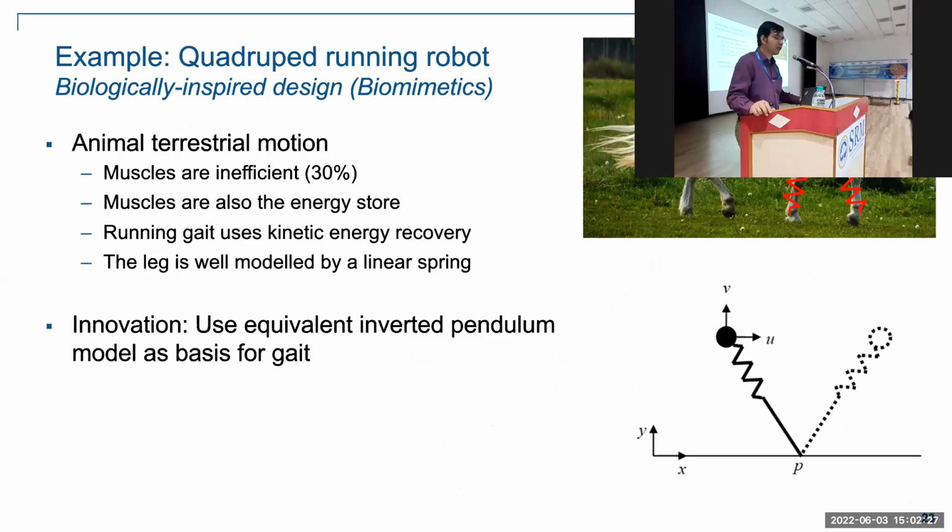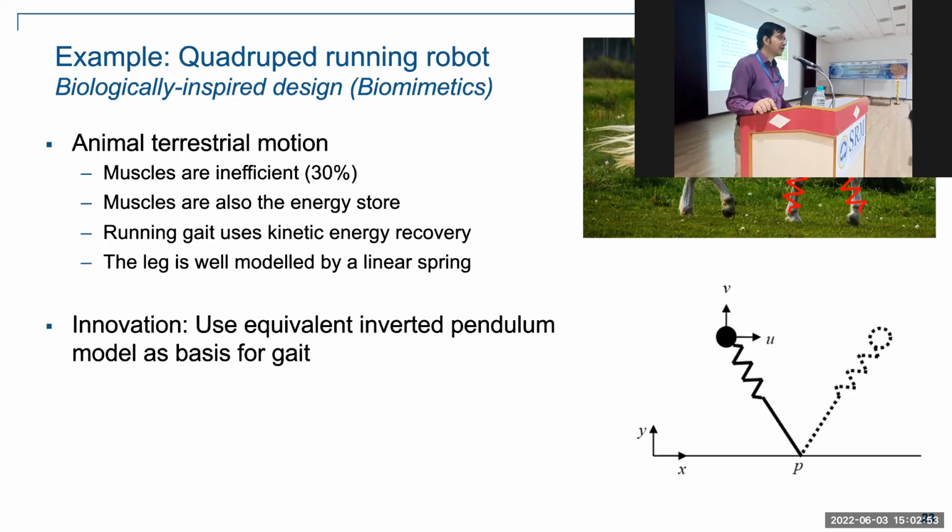What we are going to talk about is, let's say I'm going to build a quadruped running robot, a robot that is able to move on 4 legs. You have heard this now, biologically inspired design. Let us look at how a horse runs and build a robot that runs in a similar way.